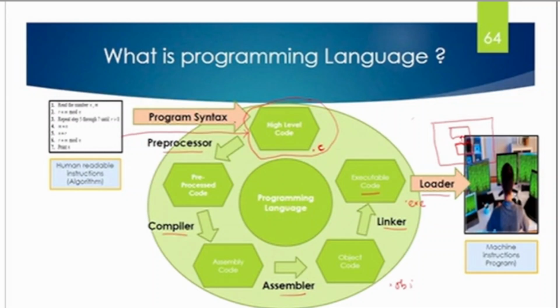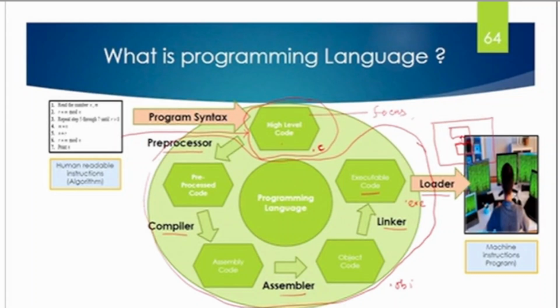So if you create high level code and ask system programs to execute it, automatically it will take your high level code and execute all these processes one after another, and finally it will run the program for you. This bigger chunk of system software, all of this, we will not discuss in this course. We will only focus here. This is our focus area.